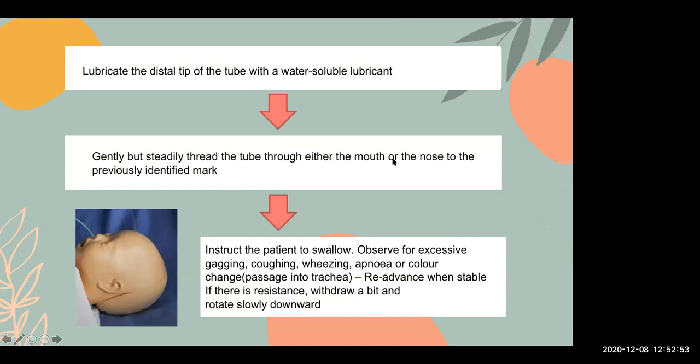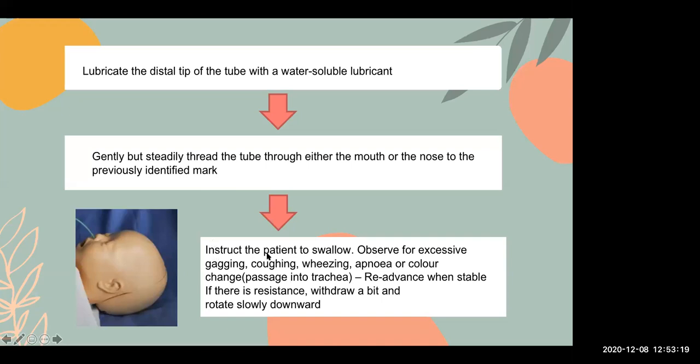After that, we need to lubricate the distal tip of the tube with a water-soluble lubricant, and then gently but steadily thread the tube through the mouth for the orogastric, and through the nose for the nasogastric, to the previously identified mark.